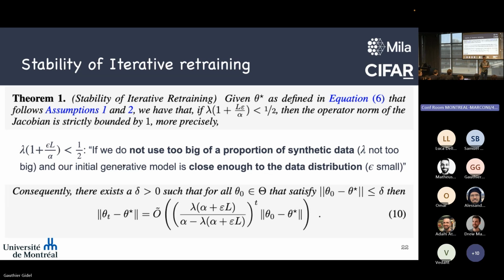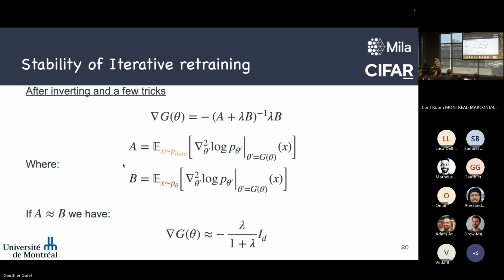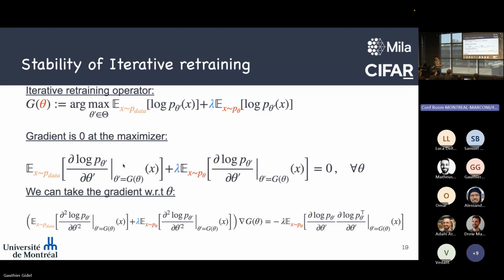So unless I missed something, there is nothing in your proof that relies on the lambda fraction of the data being synthetically generated based on your previous data. It's all about stability. So it could be coming from a different source altogether. No, it has to, because you really use the fact that you differentiate g theta with respect to theta.